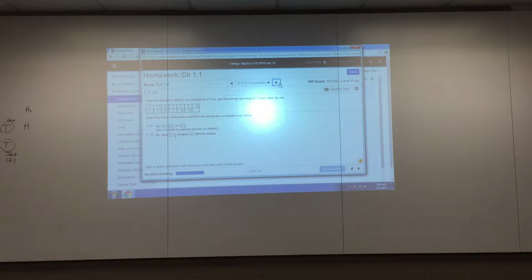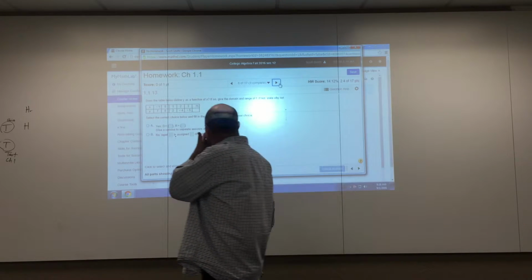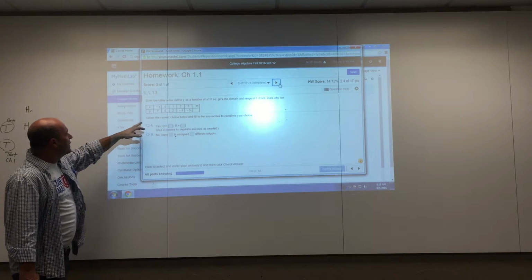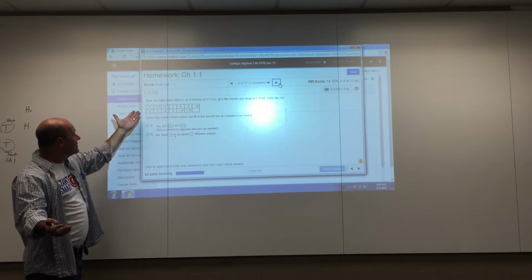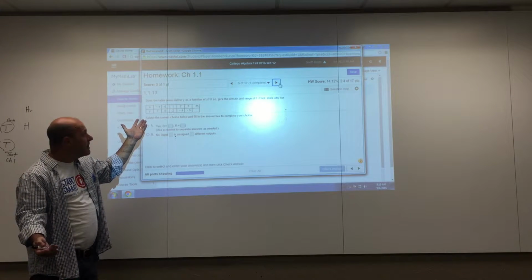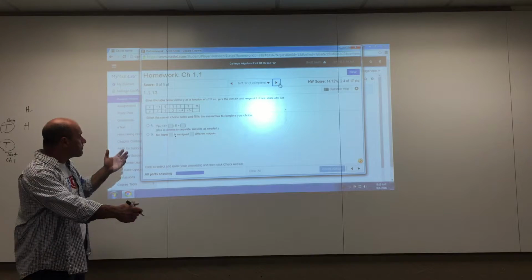Is it a function? First of all, they are asking, is y a function of x? Yes. Every x has one y. There's no repeated x's. Looks like a function to me. How would it not be a function?